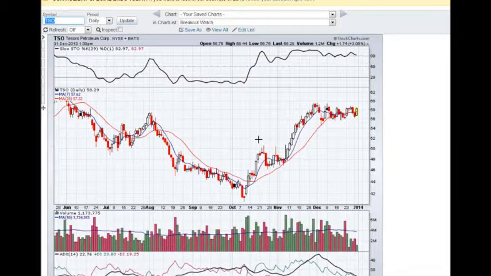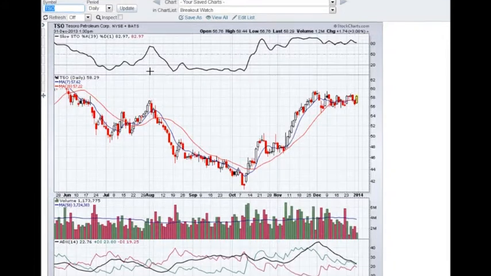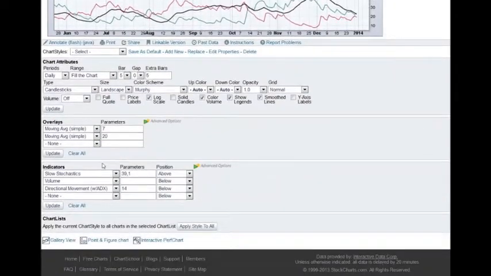The red and the green line. We added a stochastic. Now, you're going to say, well, Jeff, the stochastic you have here doesn't look the same. And you're right. We changed the parameters to 39, 1. This is something that John Murphy, in his book Technical Analysis of the Financial Markets, first started to talk about, this 39,1 concept on the stochastic.